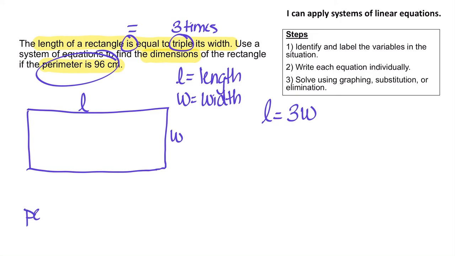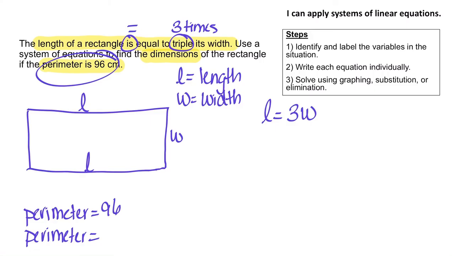So let's think about what the perimeter of a rectangle is. How do we describe perimeter? Perimeter, remember, is when you add up all the sides. A rectangle has 2 sets of congruent sides. If this side is L, that means this side is also going to be L. They have the same size.